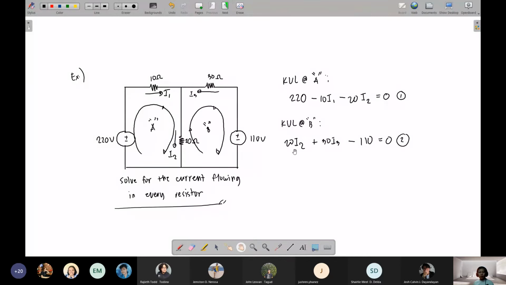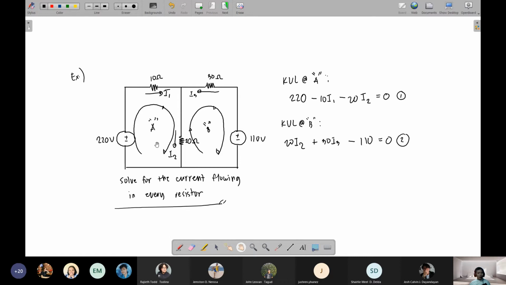All we have to do right now is determine how many nodes there are in this circuit. Let me ask you a question: how many nodes are there in this circuit? In Bisaya, how many connection points does this circuit have? Four, sir.